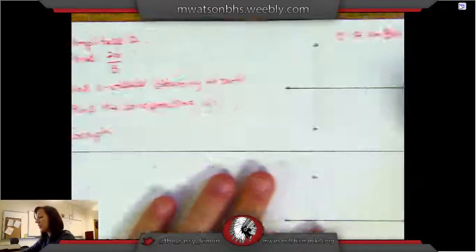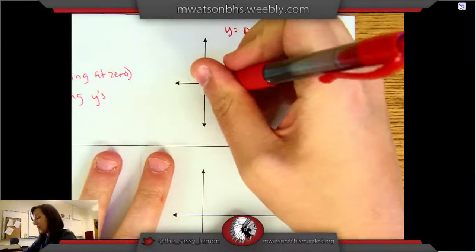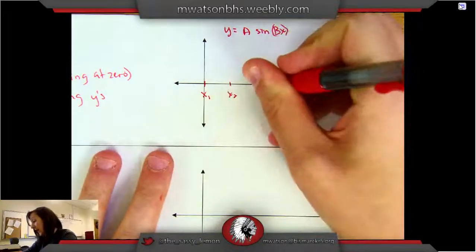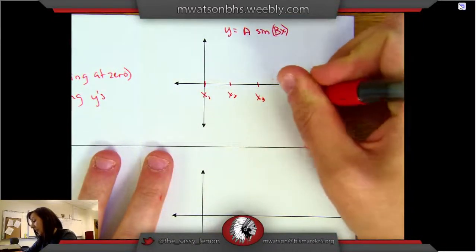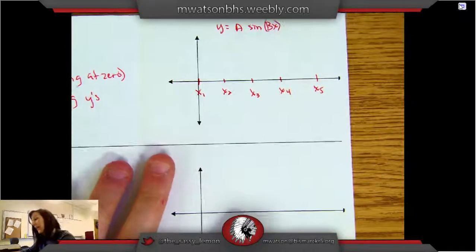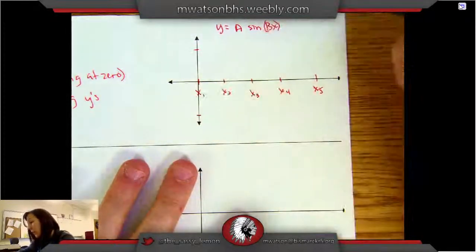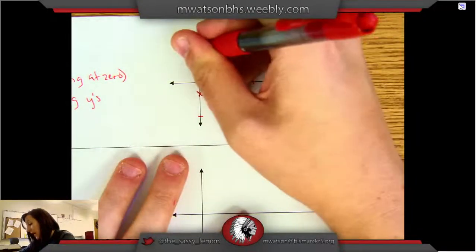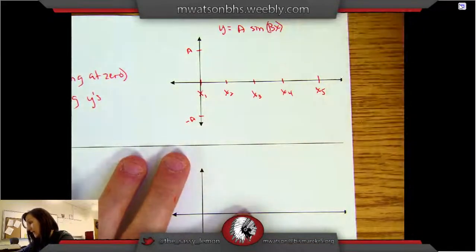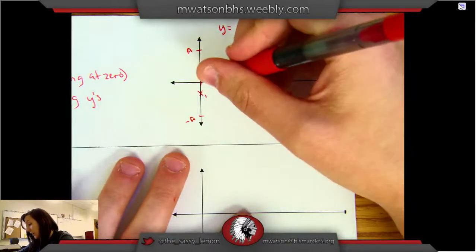So whenever you go to graph, you're going to basically start the same way. Here's your x sub 1, your x sub 2, x sub 3, x sub 4, x sub 5. You'll always have 5 points there. And your amplitude now, instead of being 1 and negative 1, it's going to be A and negative A. And your period length, well, let's go ahead and graph this.